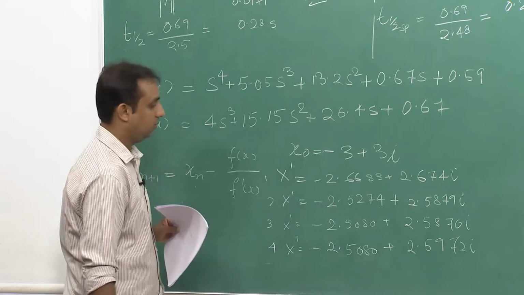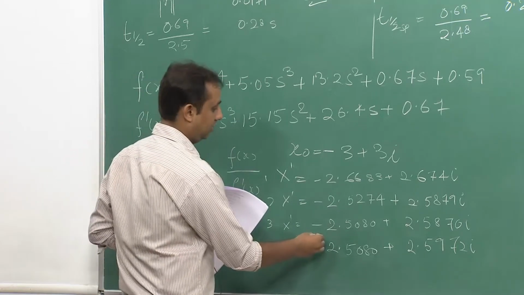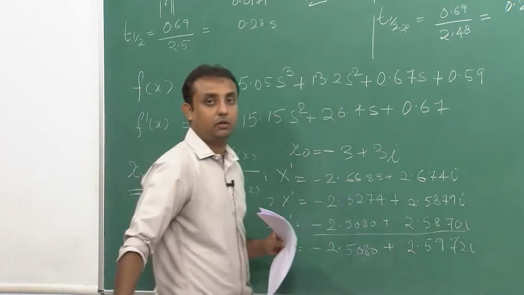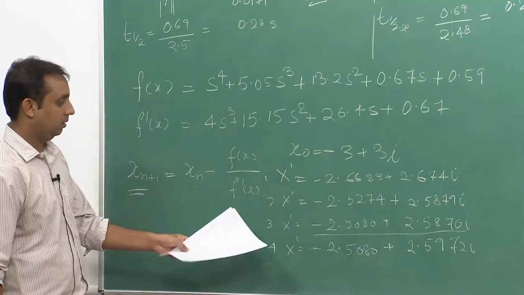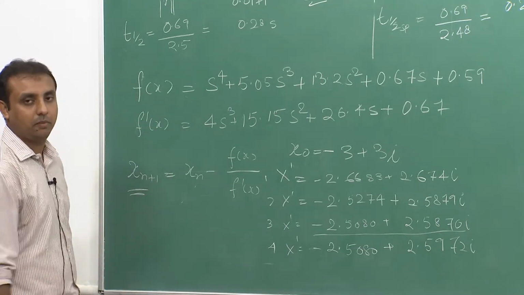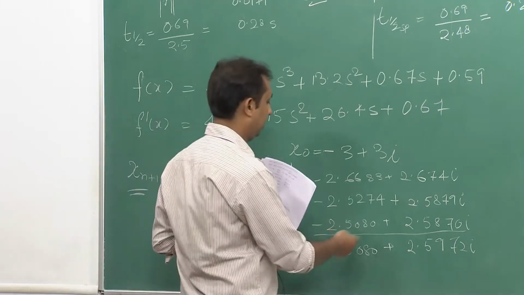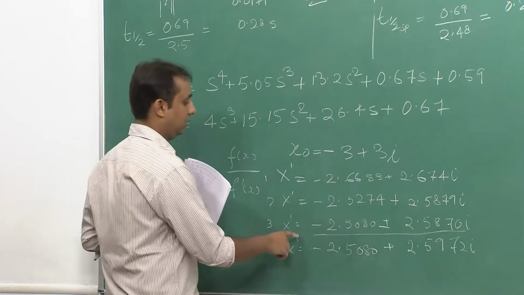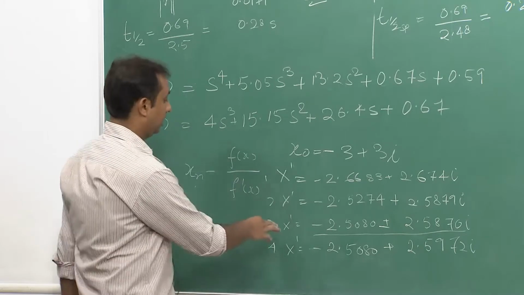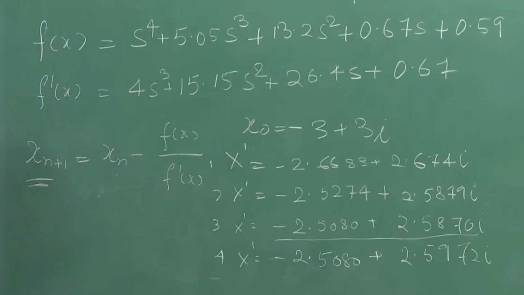So you can see the roots are repeating, so we can say this is another root of the equation. So this is one root, then we have a mirror image of this. So another root will be the same with the minus sign. So we can say these are the exact roots of the characteristic equation given by this polynomial.